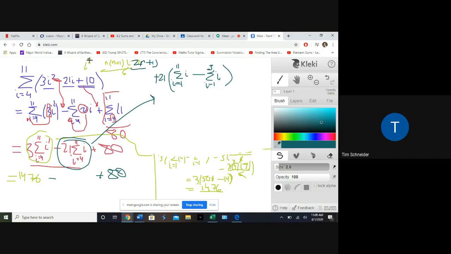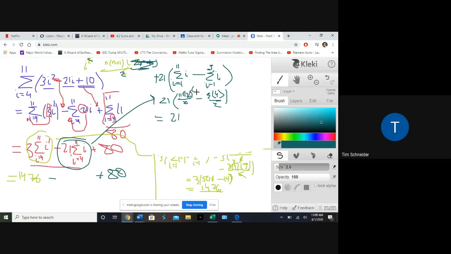So in fact, for just i, this is the simpler version of just a 2. That's the Gauss one that we went over. Okay, so we have 21 times 11 times 12 over 2 minus 3 times 4 over 2. Okay, which is 21.